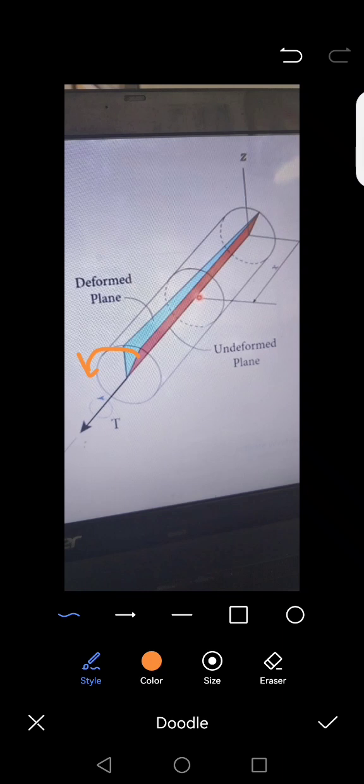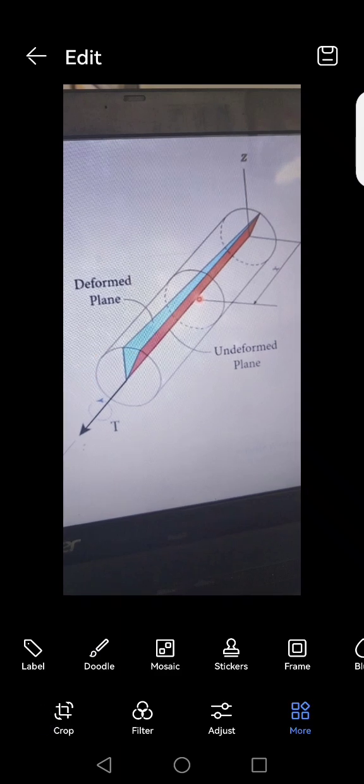So for this shaft to be safe and not break, we must limit the angle of twist. A certain value of angle of twist must not be exceeded, because once you exceed it, the shaft has chances of failing. It's not only the angle of twist that is the limiting factor, but also the shear stress.